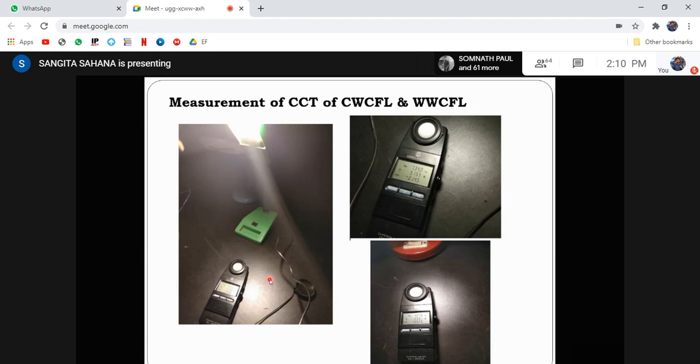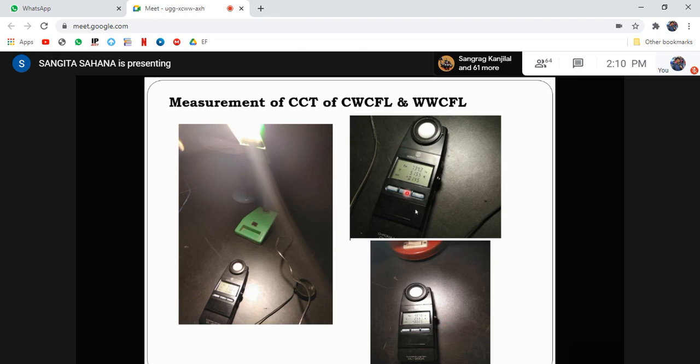So I have already talked about the silicon photocell, right? So this sensor will do the measurement instead of our eye. We have to place the sensor under the lamp, and we can see a value like 5155K, which is for cool white CFL, or 2551K, which is for warm white CFL.